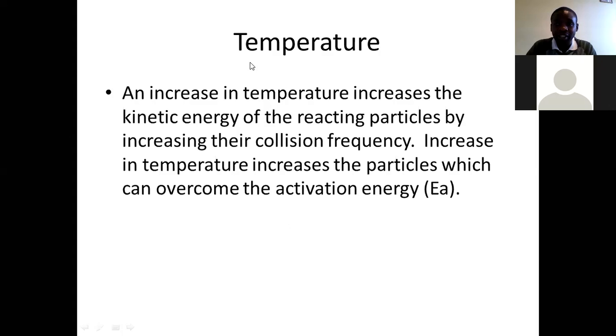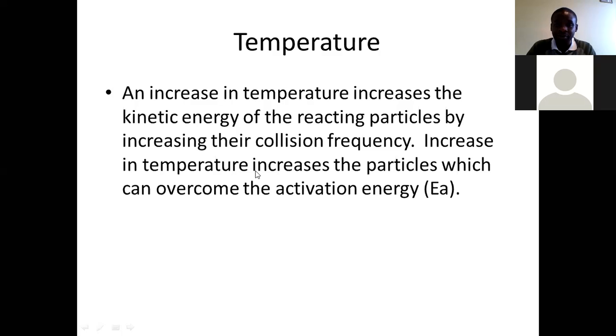Another one I'm going to look at is temperature. So when you increase the temperature, you increase the kinetic energy of the reacting particles or molecules, and therefore you increase their collision frequency, or the rate at which they are going to collide.